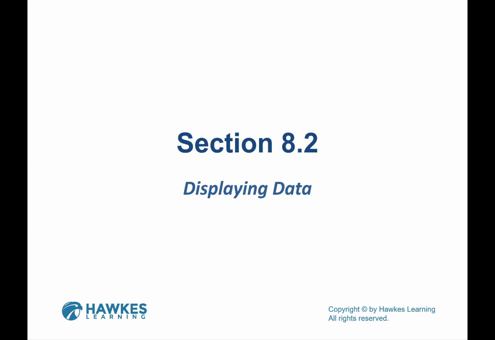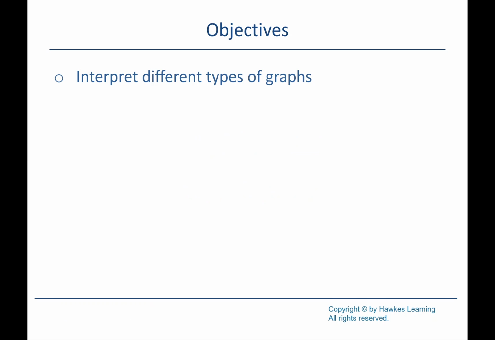We don't quite get into it in here, but not all graphs are created equal. We're going to just look at a few of the most popular types of graphs that you'll see. So we just want to be able to read these things, interpret what they're telling us.